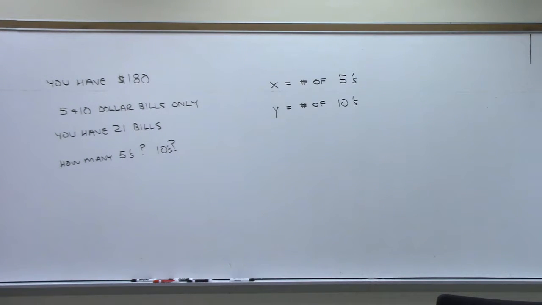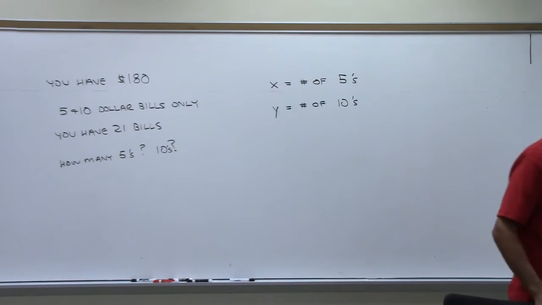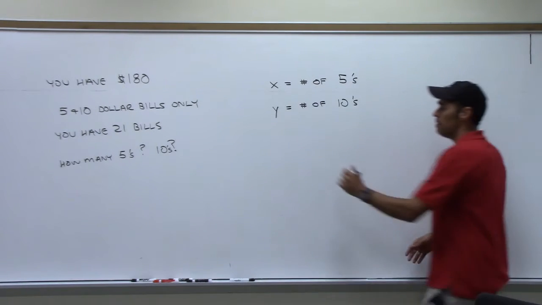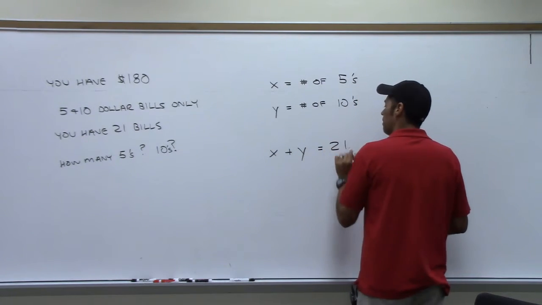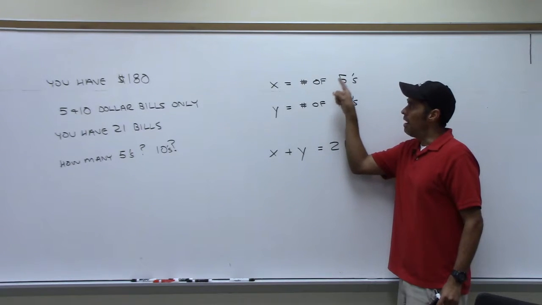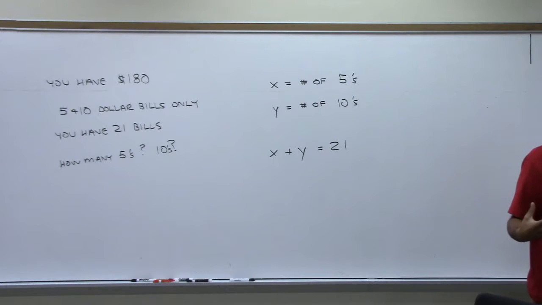And I'm done? Okay, can you give me any information about the number of 5s I have and the number of 10s I have? They add up to 21, right? So if I write down x plus y, this must be 21. However many 5s I have plus however many 10s I have, that has to total 21.